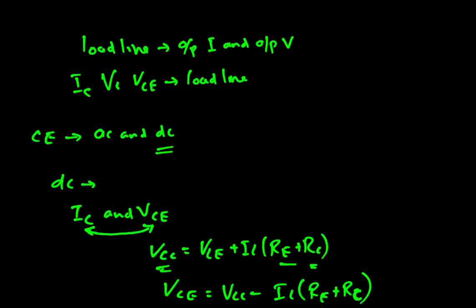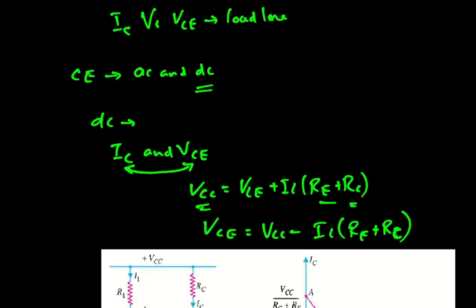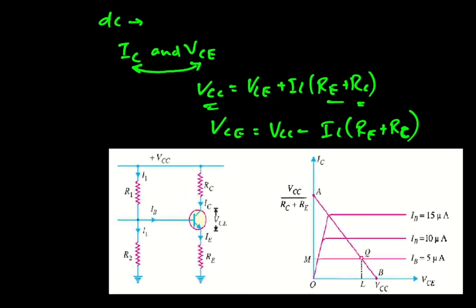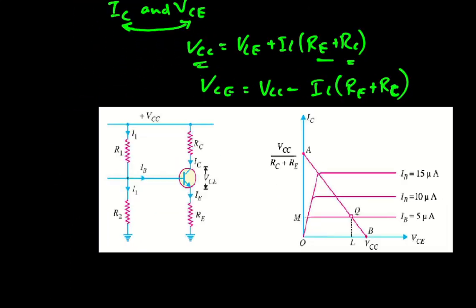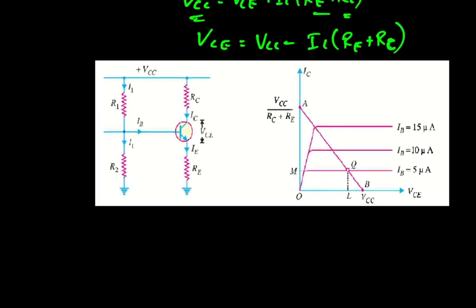We have already discussed that since VCC and RC plus RE are constants, VCE and IC have a linear relation, so they can be represented on a straight line.